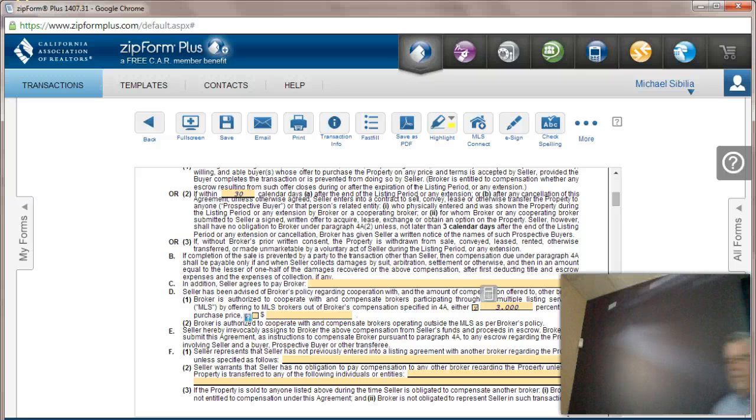The problem would be, let's say you got sued, and your fiduciary duty is to represent the seller's best interest over your own. And if you don't offer enough commission to an agent representing a buyer, is it possible that it would discourage other agents from actively trying to sell your listing?